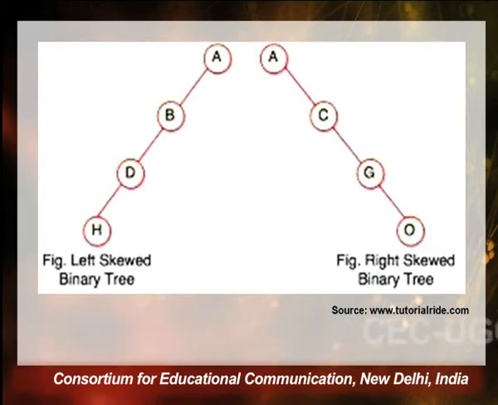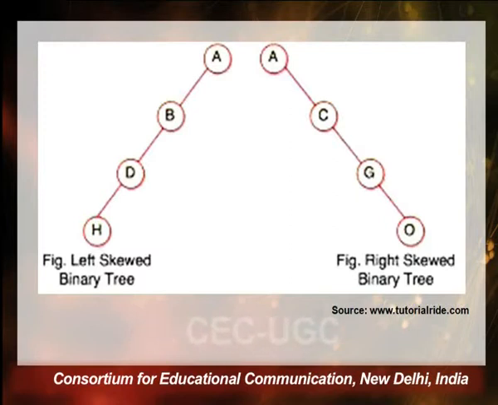Why has this tree become skewed? This may be because of random insertions, or because of a number of insertion and deletion operations. Somehow this tree has become skewed.